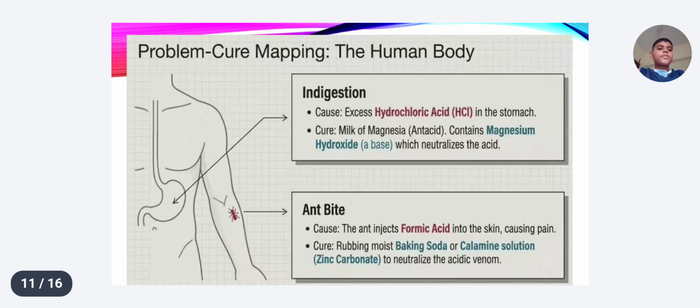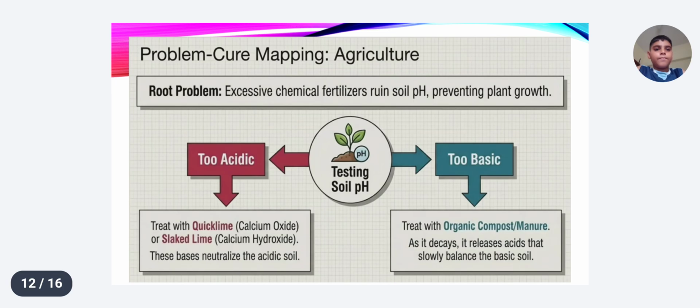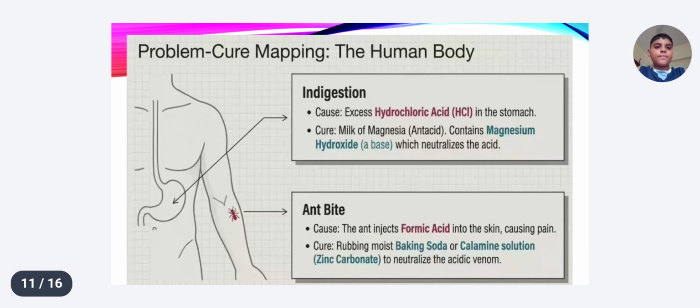Cure will be milk of magnesia, contains magnesium hydroxide, a base which neutralizes the acid, and the ant bite cause the ant injects formic acid into the skin, causing pain. Then the cure will be rubbing moist baking soda or calamine solution zinc to neutralize the acidic venom. Problem curing mapping. Same it is. Okay. We read about the human body.